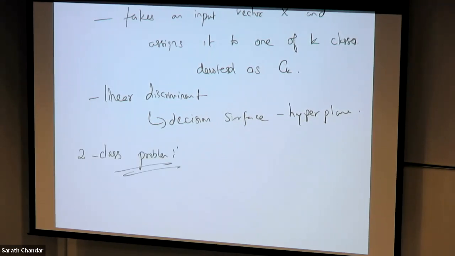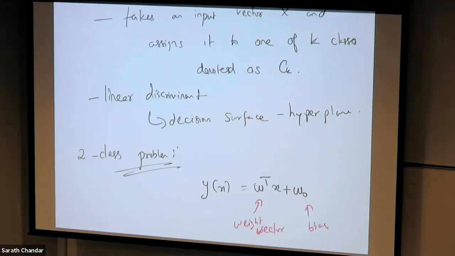In a two-class problem, a very simple discriminant function is basically y of x is equal to w transpose x plus w0. We have already seen this before in regression, but here we are seeing it for classification. Now this w is the weight vector, and w0 is the bias.